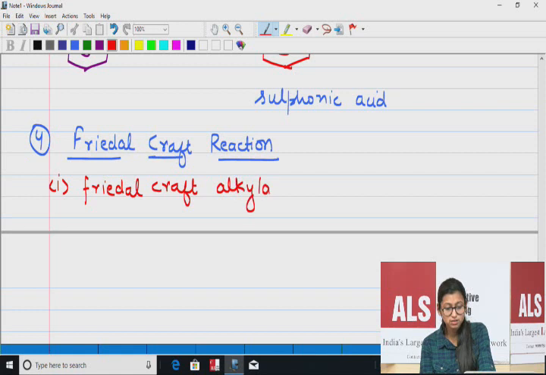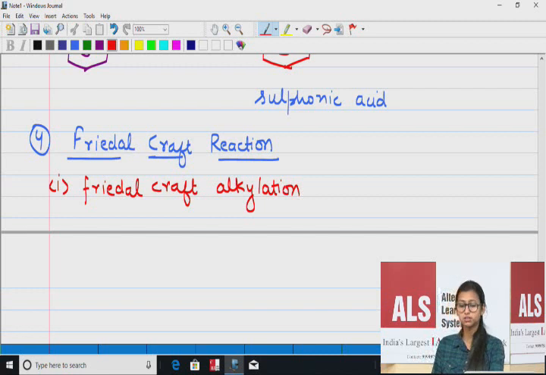The term name is alkylation. Can you tell me what you understand by the term alkylation?